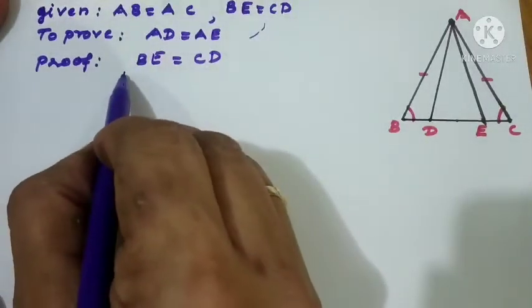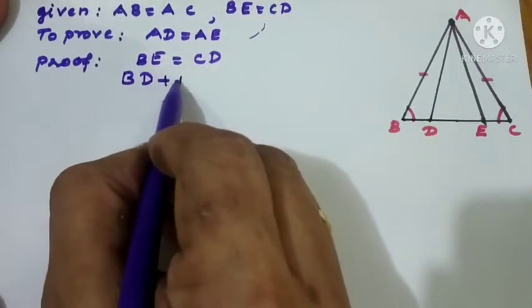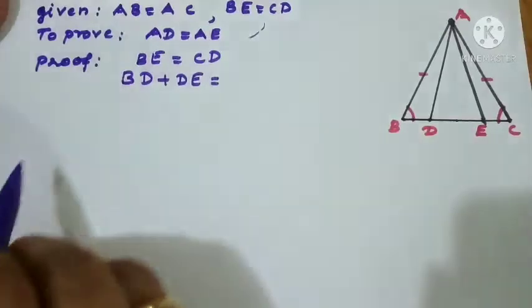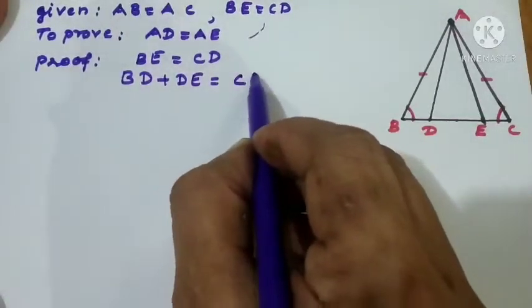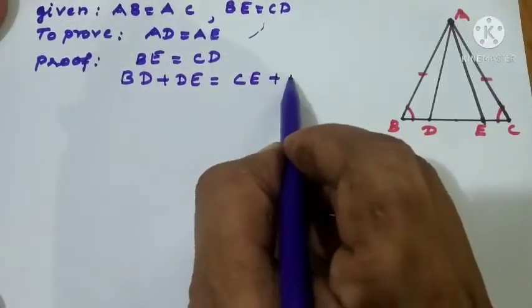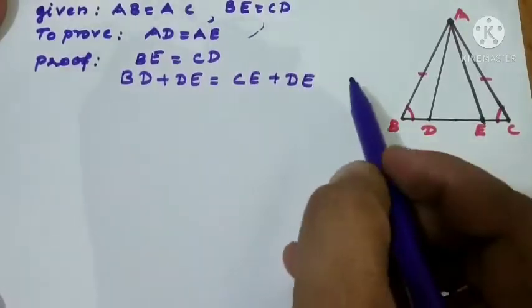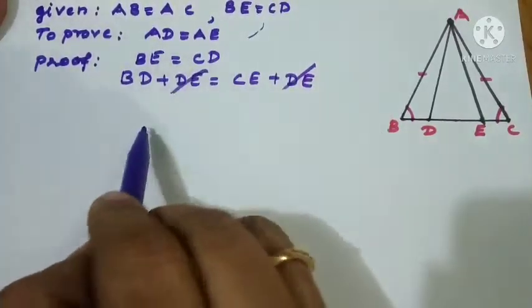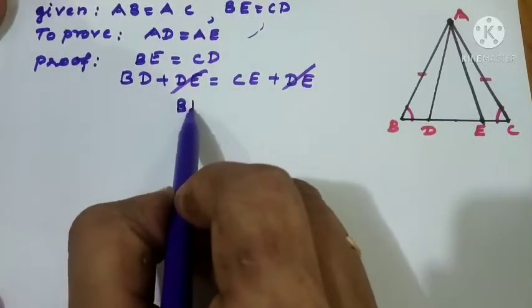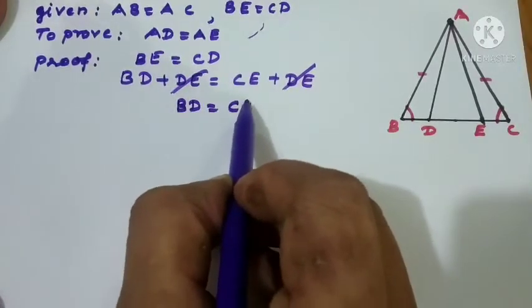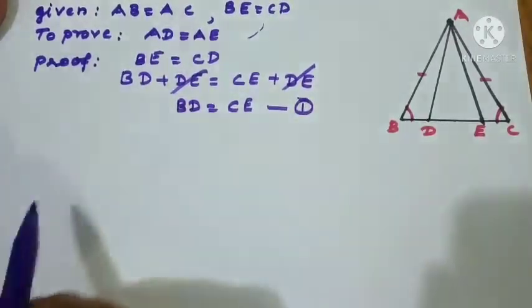BE can be written as BD plus DE, and CD can be written as CE plus DE. Both sides DE is equal, so we can cancel. So what is the result? BD equal to CE, equation number 1.